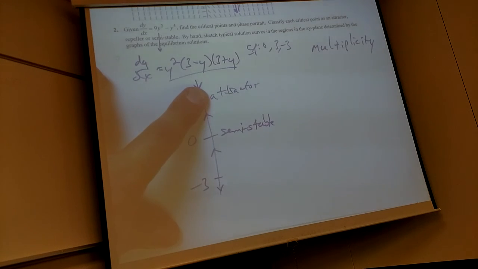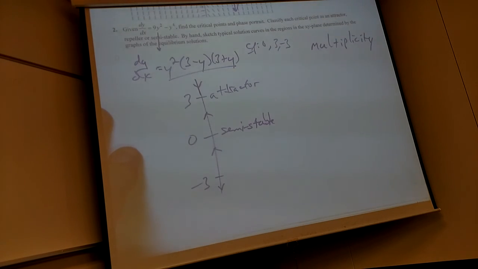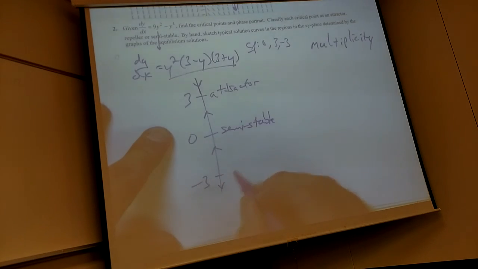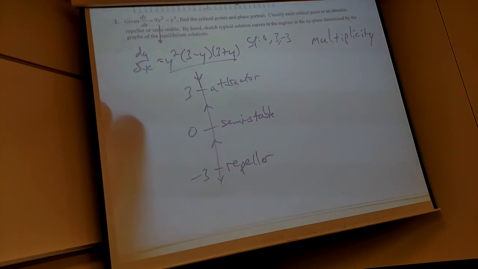Stable. I like it. So attractor and stable are just two different words for the same situation, but be careful about the question that's asked. Normally I'm pretty cool with either way because they both mean the same thing. And of course this one's going to be repeller. So why don't you make a nice problem with all three of those in there?